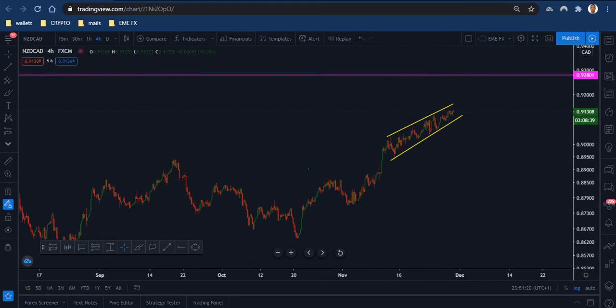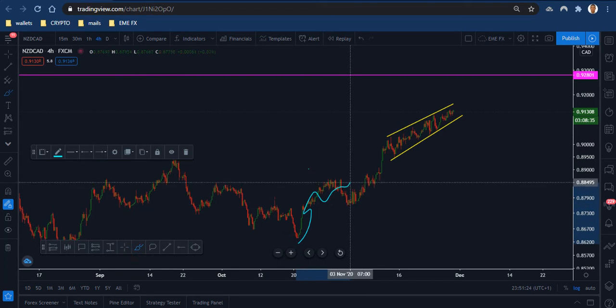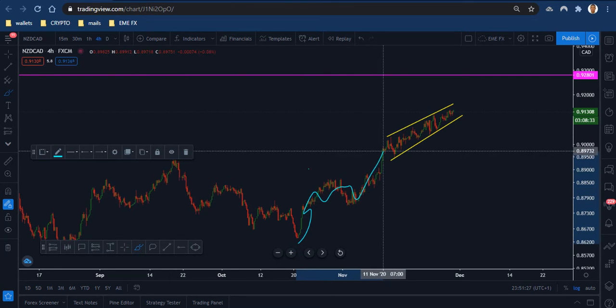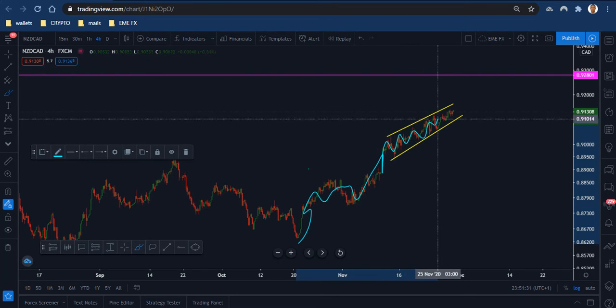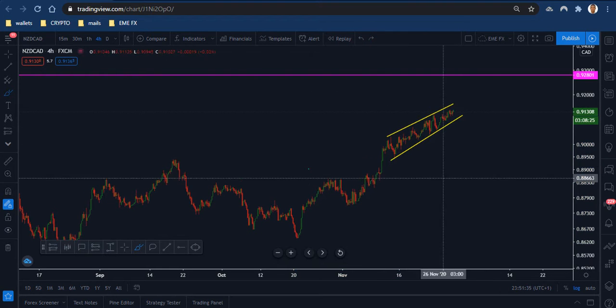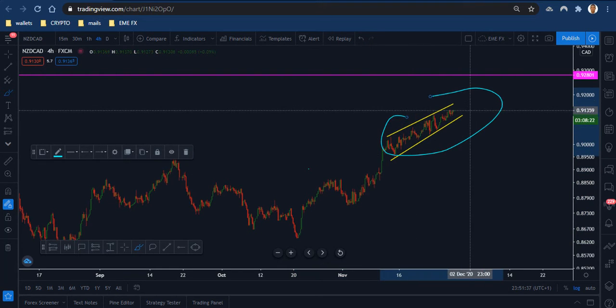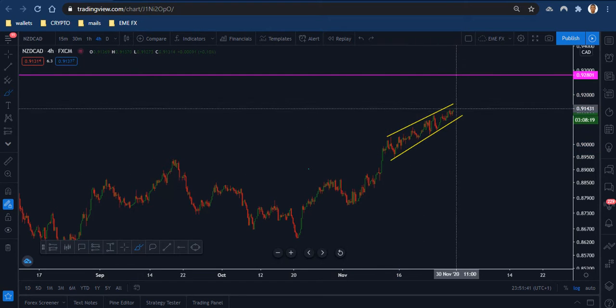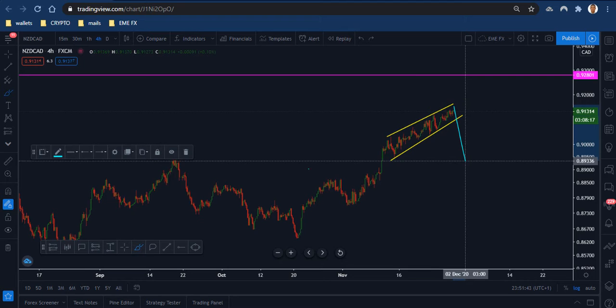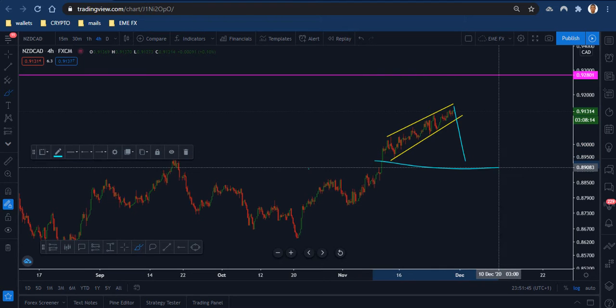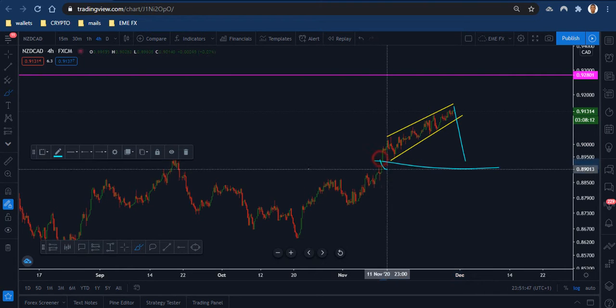We could see we had this impulsive move, we had this correction, came all the way here, we had this impulse, and we are having this corrective structure. We could see overall the bulls in the market are losing momentum, and we're possibly anticipating a strong sell-off from the market, and this will be a logical take profit.